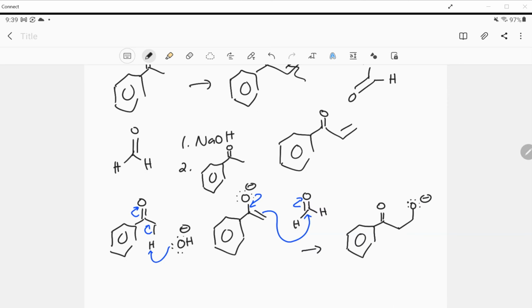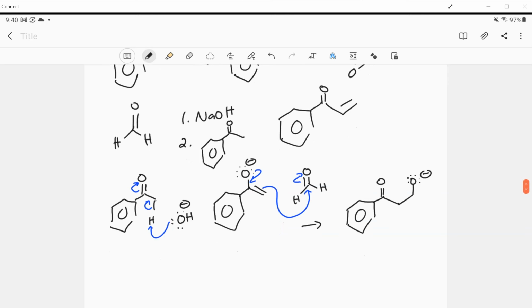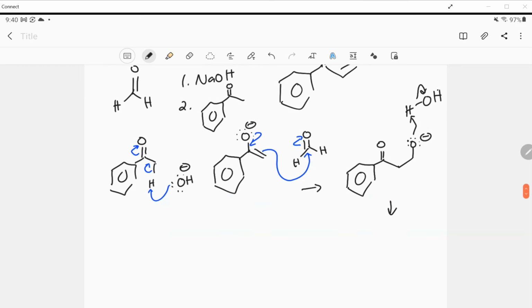And if we want to condense this down, we're going to need acid and heat, or base and heat, either way. We just need to finish this thing off. So we can have it just take a proton from the water. If we do that, our hydroxide comes along.